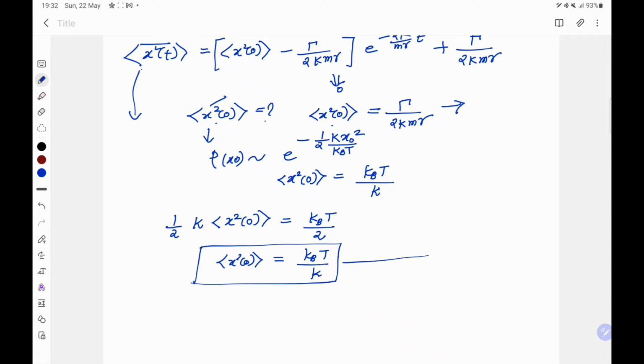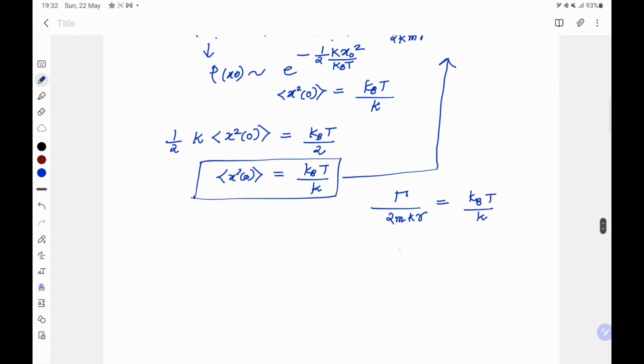And if you substitute back into this, you will have gamma over 2m k, this is equals to kbT over k. And you will again get the same form, 2m gamma kbT.